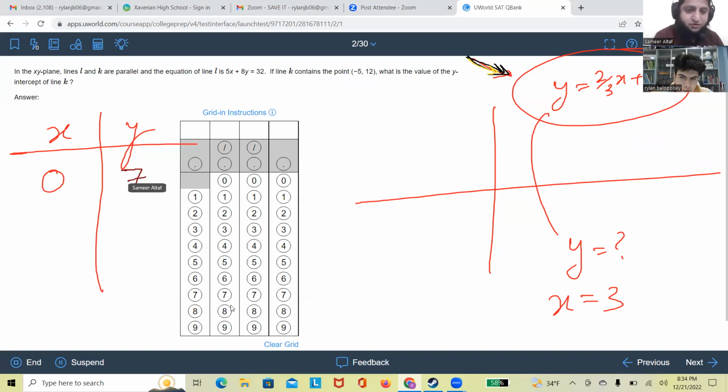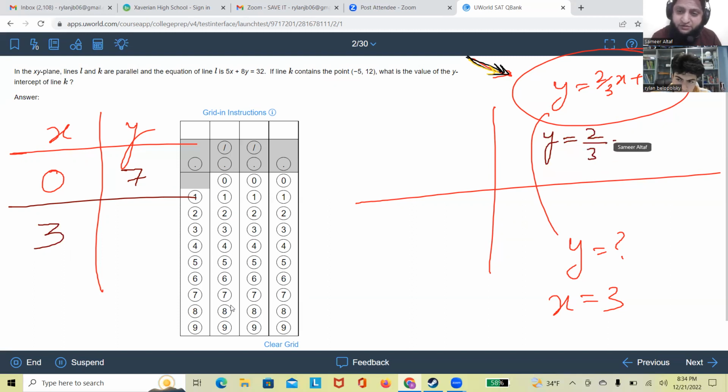So when x is 0, y is 7. That means the y-intercept is 7. Now when you plug in the value of x as 3, how much will be the value of y? It'll be 2 over 3 times 3, plus 7. Can you solve it?